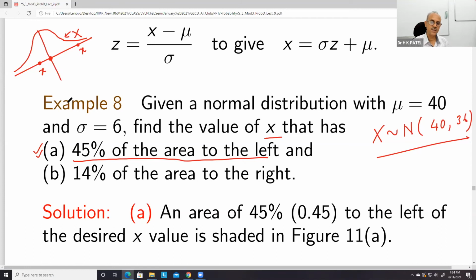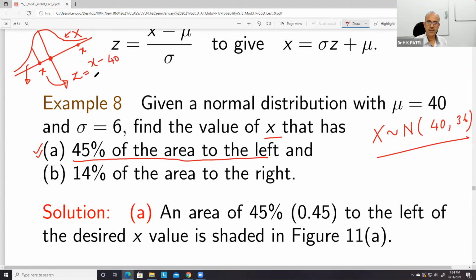So once these positions are decided, let us find the Z value corresponding to X. Z will be X minus mu, where mu is 40 and sigma is 6.